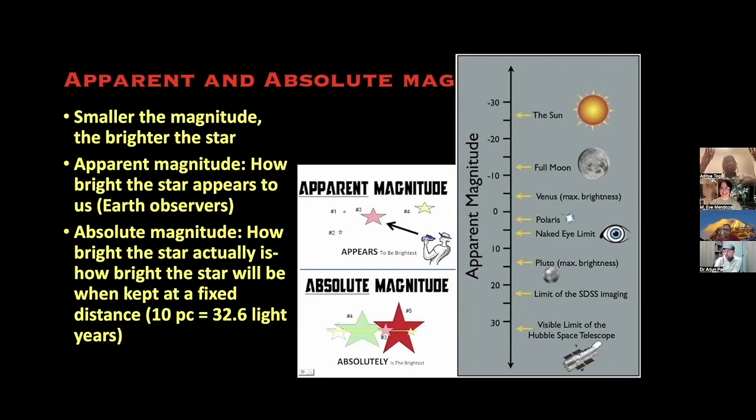It's not only for stars, it's for galaxies, for any object. If you keep them at one constant distance of 32.6 light years, which one will look brighter? Based on that, this number, the absolute magnitude, is given. So absolute magnitude is the real brightness. Apparent is what you see, and apparent is affected by the distance. So far good?